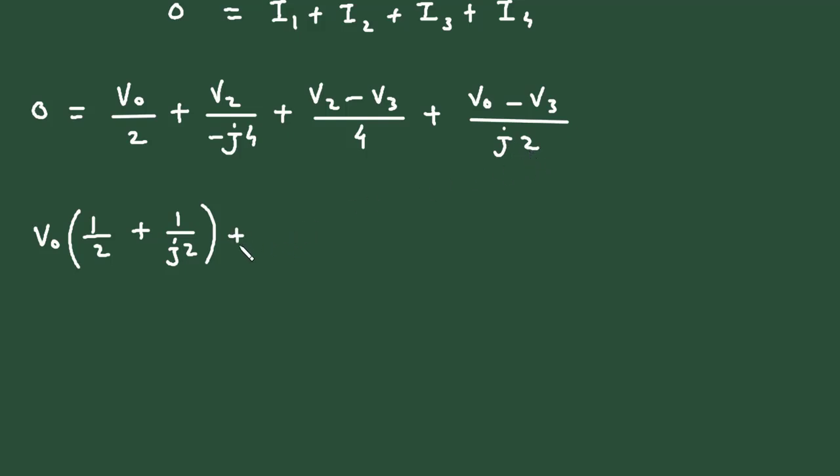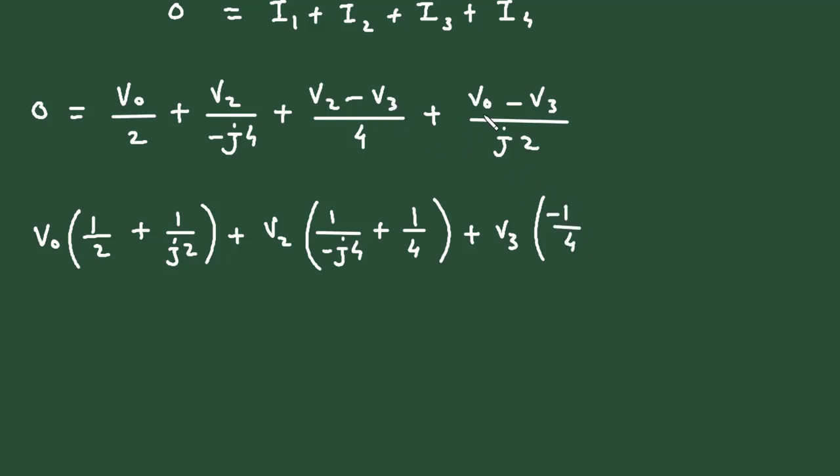Then plus V2 in bracket 1 upon minus j4, then 1 upon 4, bracket close, then plus V3 in bracket. So here V3 is minus 1 upon 4, then minus 1 upon J2. Now it is equal to 0.